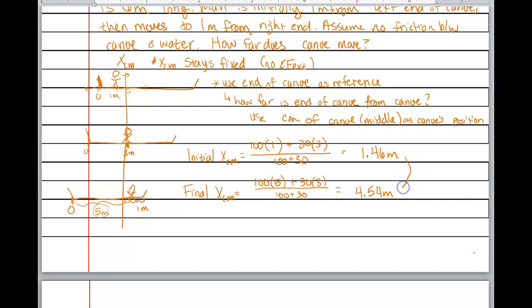And the change is going to be the difference in those two, which is 3.08 meters. So the canoe moved 3.08 meters to the left, which is essentially from here to here. That's how much it moved.